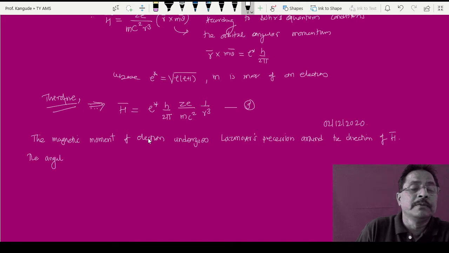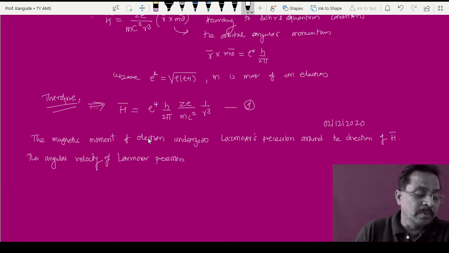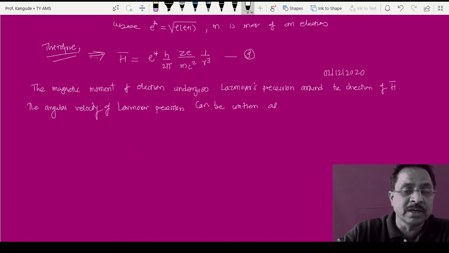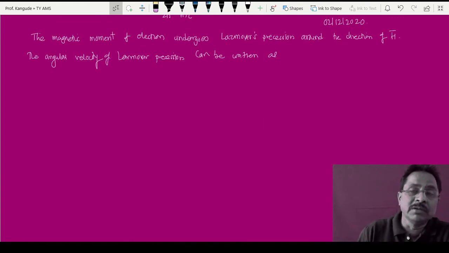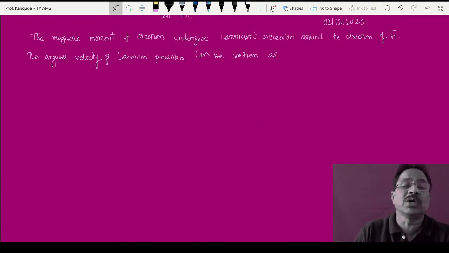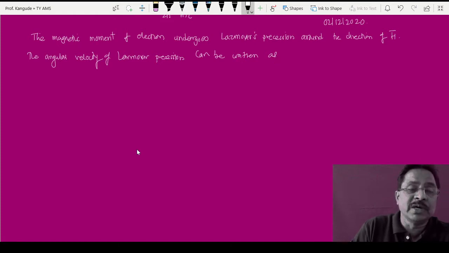The angular velocity of Larmor precession can be written as, okay, please don't ask the origin of this. We are not interested in getting all these aspects of Larmor precession. What we are interested in is these relations which we are directly getting.